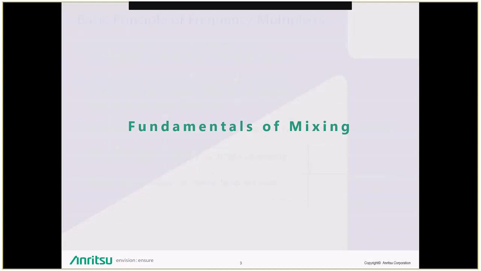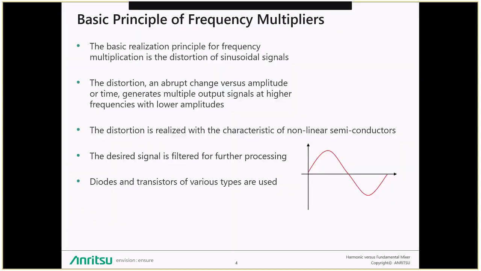Fundamentals of mixing. When we are talking of mixing or frequency multiplication, what are we talking about? We are talking mainly about the distortion of a typical sinusoid, an abrupt change in amplitude or time, that is generating multiple output signals at higher frequency with lower amplitude.